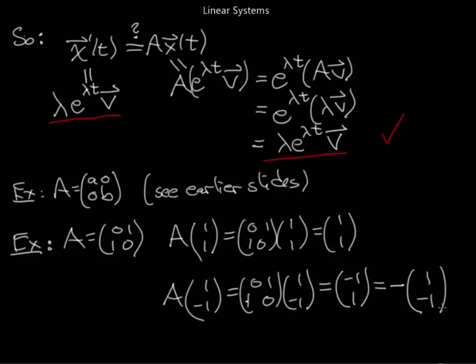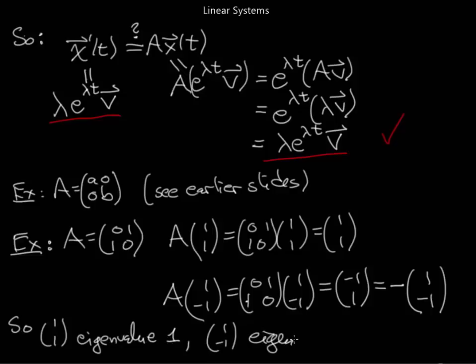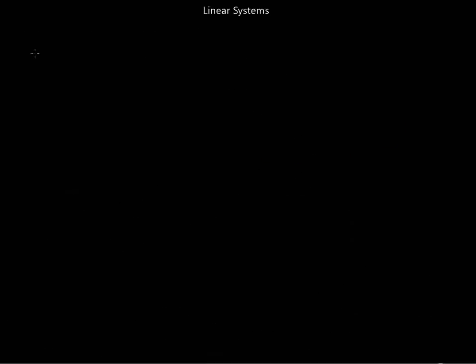So I've just checked that these are two eigenvectors of this matrix with eigenvalues 1 and minus 1 respectively. Now, I'm not telling you how I found them. We'll talk about that later, but I'm just giving you an example of a matrix with two eigenvalues, 1 and minus 1, and two eigenvectors, (1, 1) and (1, -1).